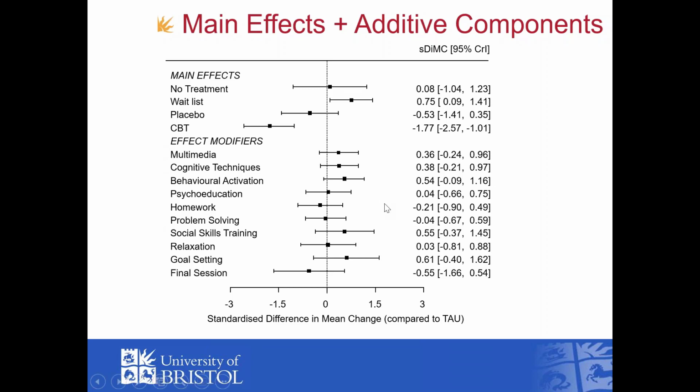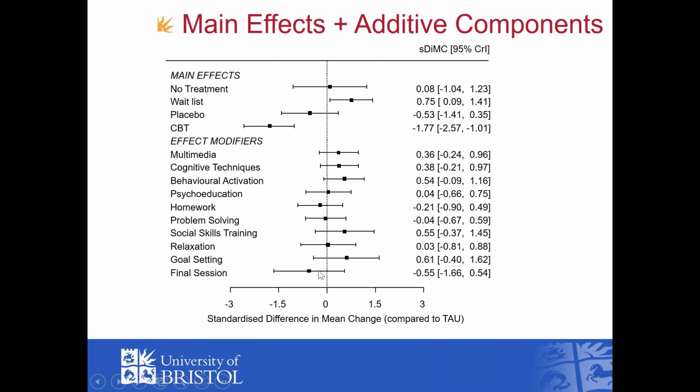And what you can see from this is that multimedia is a bit on the positive side, which matches what we saw on the previous slide in that it isn't quite as effective as face-to-face CBT.